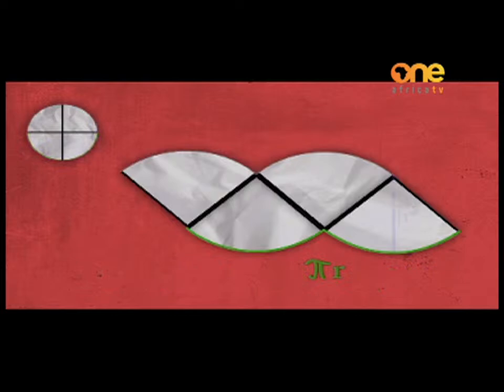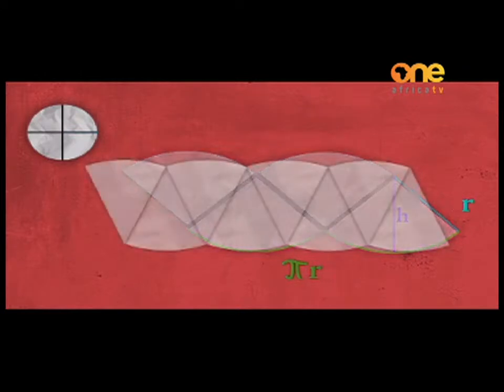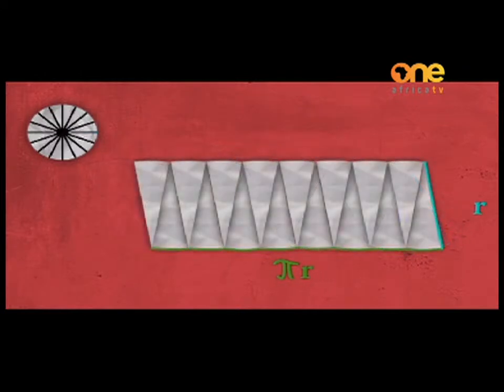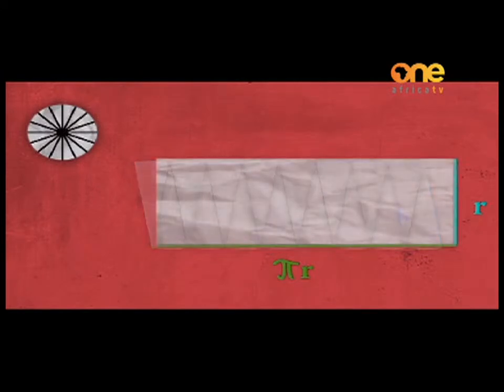In addition, we see that the height of the shape is r, since it is the distance from the center to the circumference. The more diameters we draw in, the more the shape starts to look like a parallelogram. And finally, the shape becomes a rectangle.